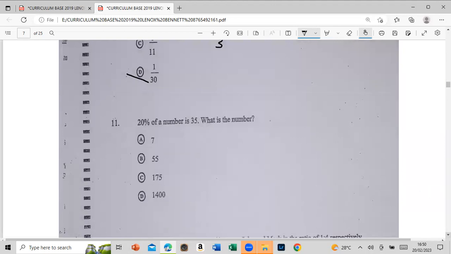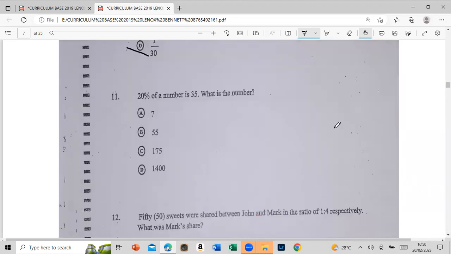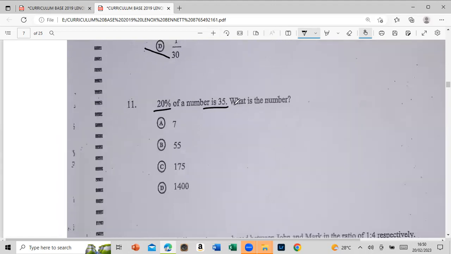Alright, so let's go to number 11. 20% of a number is 35. What is the number? So now I'm going to try the easiest possible way for you guys. I know you guys are young. This is a typical CSEC type question, but for your age, what you can do is literally just eliminate 7.